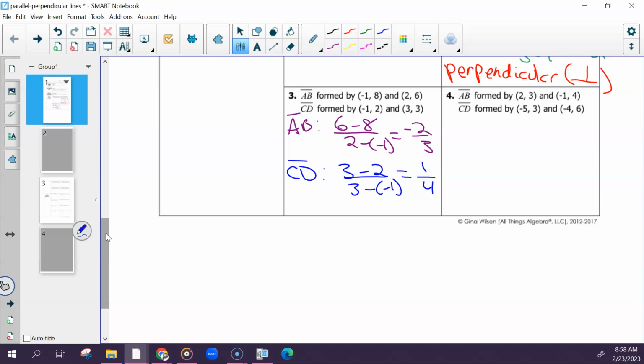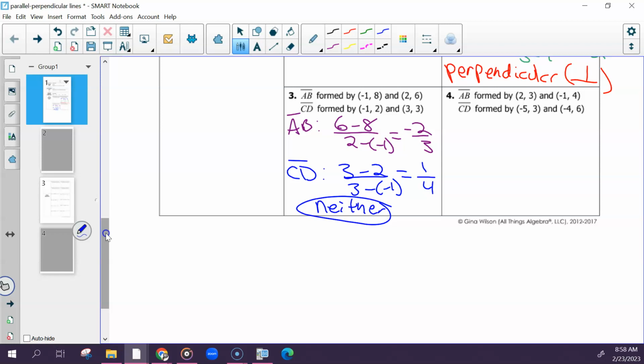Neither. They're not the same. They're not reciprocals of each other. One is negative, but that's the only thing they have in common. So some other neither cases are if they have the same numbers, but one is negative. Those aren't parallel.